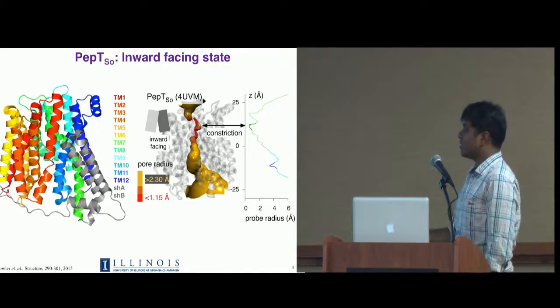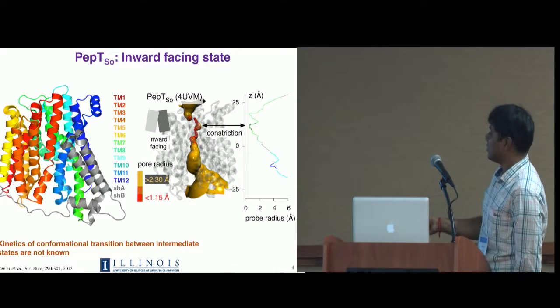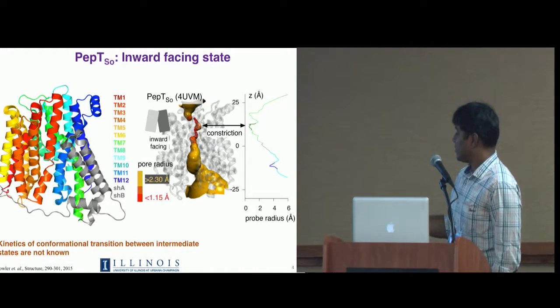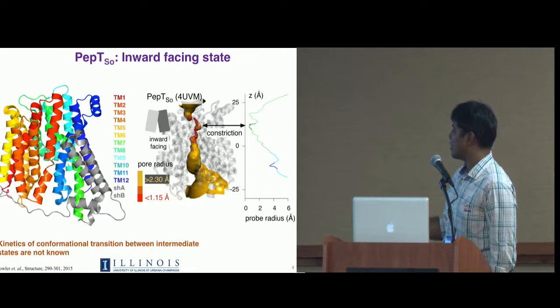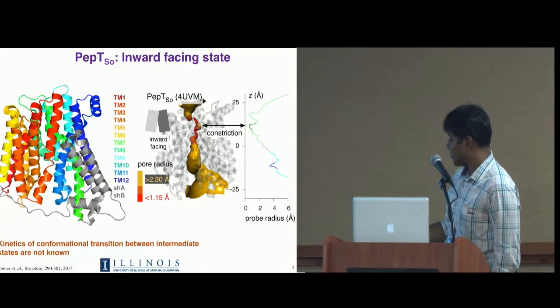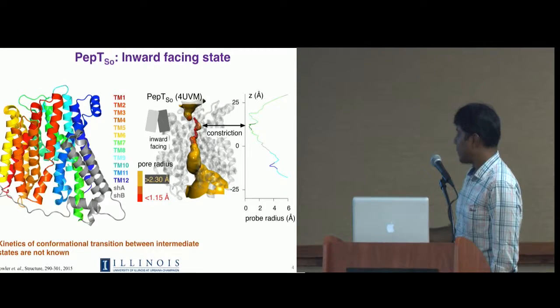Here I am showing the 3D structure of PepTSo, and here it shows the probe radius, which is a measure of the volume along the pore channel. It shows that it is closed at the top and open to the cell, and how the transition from one state to another occurs is not known.